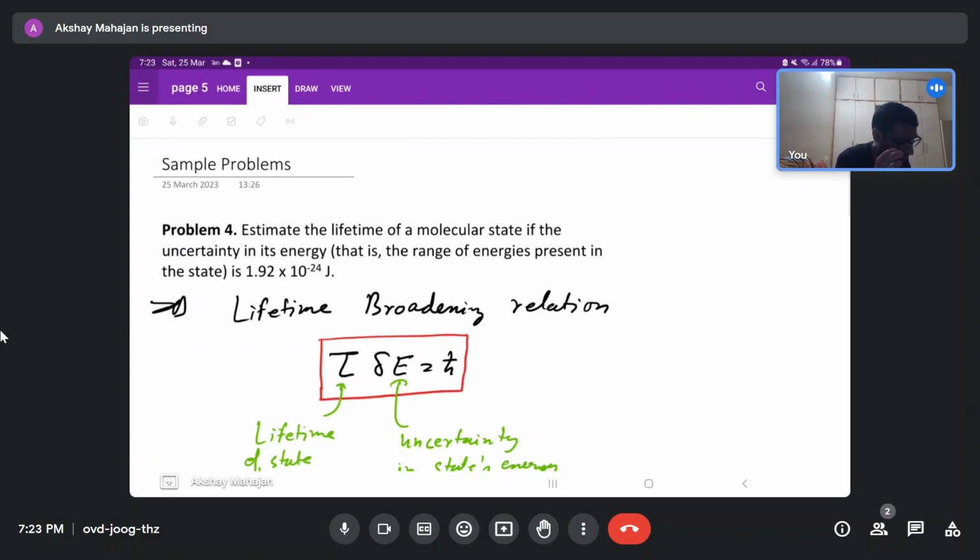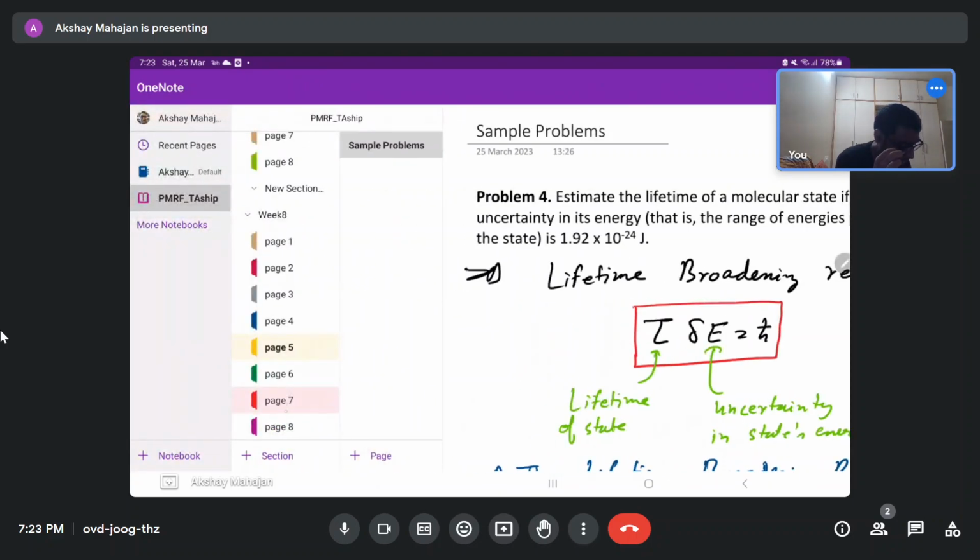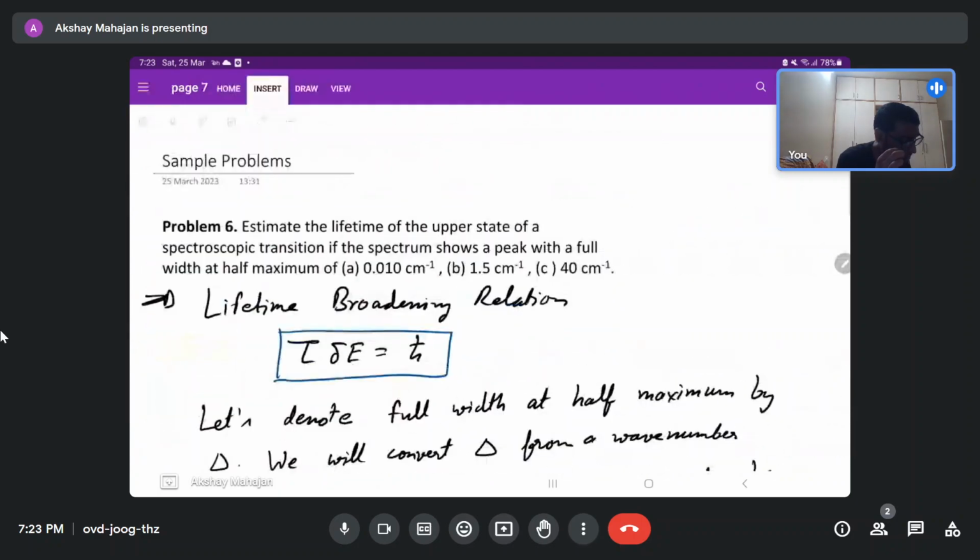In this problem, what is given to us is the full width at half maximum.